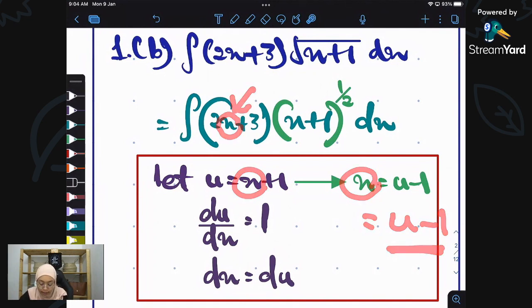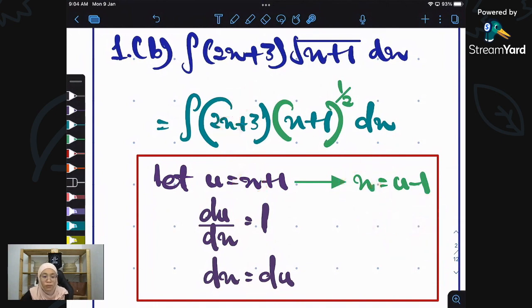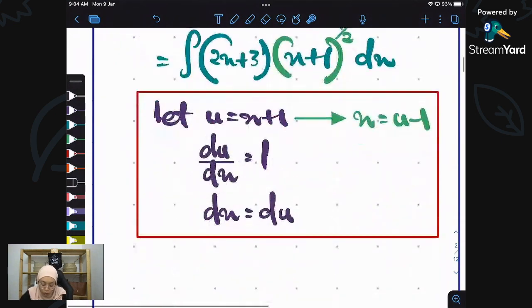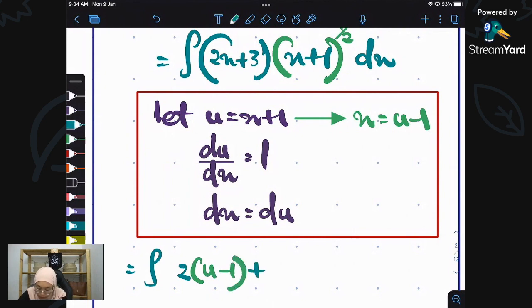That's why I have to change this x. I make x the subject so that I get u minus 1, so that everything will be in terms of u. That is my goal for this substitution. So, here we go. We will get the integral of 2 times (u minus 1) plus 3. Put a bracket again.